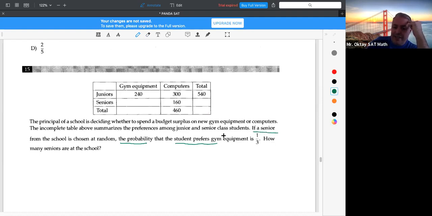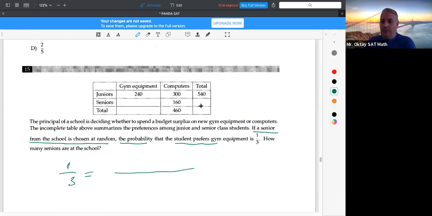If a senior from the school is chosen, its probability is 1/3. So the probability of 1/3 equals, it should be seniors. So how many seniors are there? I don't know. For that reason, let me say this is X. If this is X, and this is 160, totally 160 plus X.